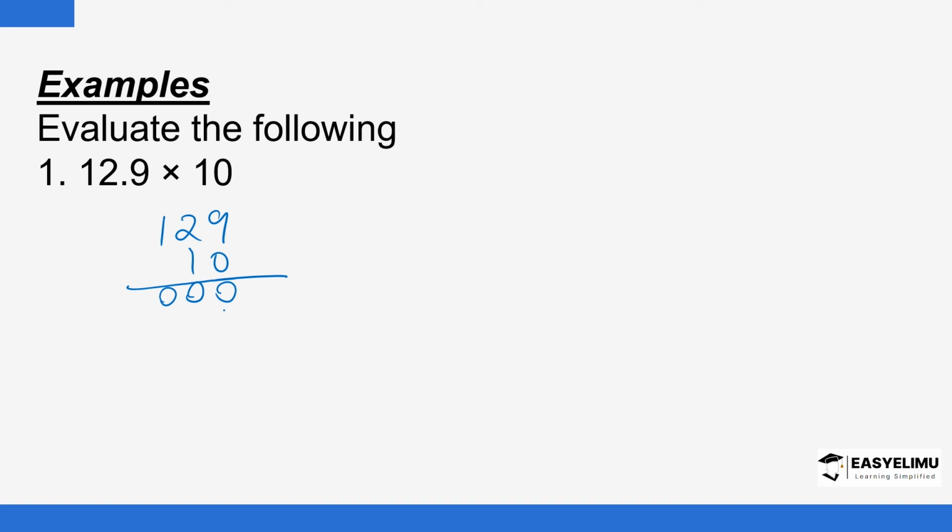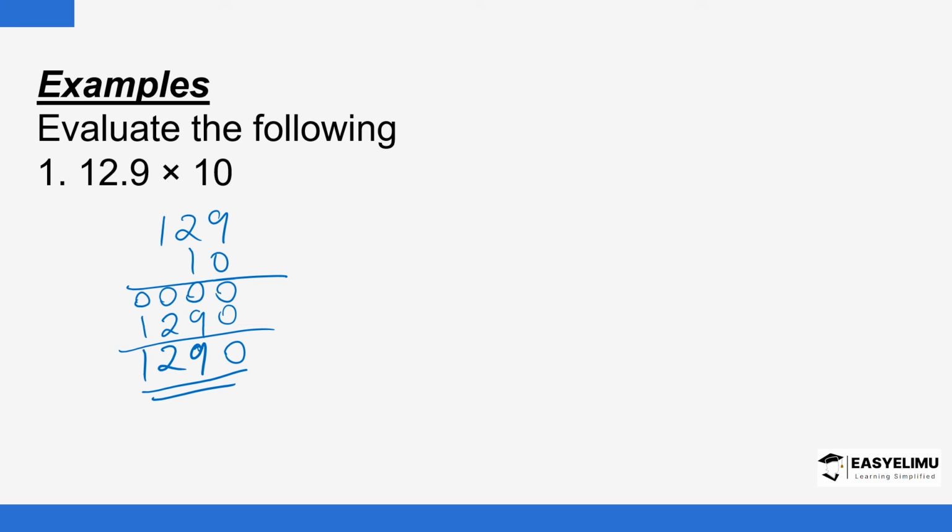So we just add that 0 first. Then 1 by 9 is 9, 1 by 2 is 2, and 1 by 1 is 1. Fill up the spaces left and then add the zeros. So 0, 9, and then we have 2, and then we have 1. That is disregarding the decimal point.